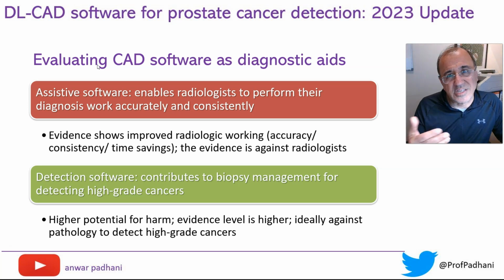In other words, accuracy of outlining, consistency of PIRADS determination, timings, and here comparison with radiologists is fine. For a detection software, it has to contribute to biopsy management. So here we are talking about a higher level of evidence, usually for the biopsy.